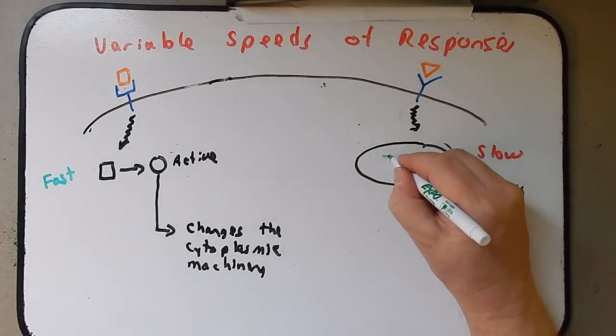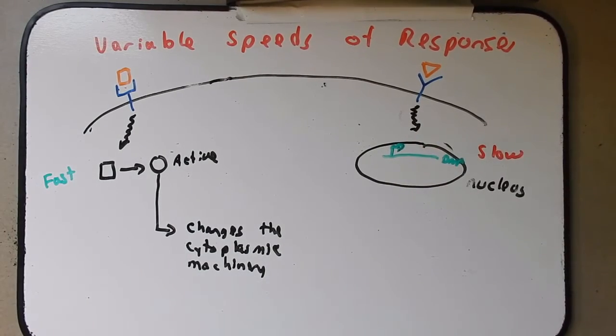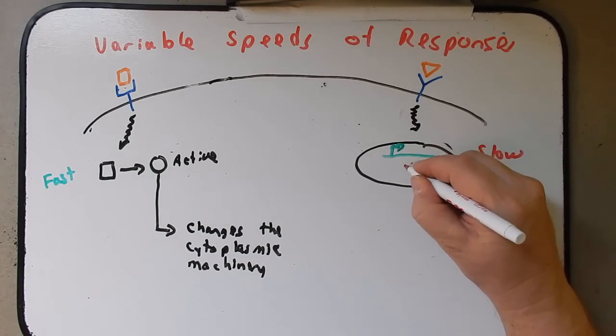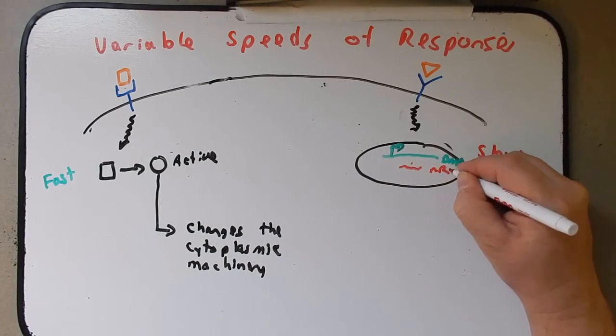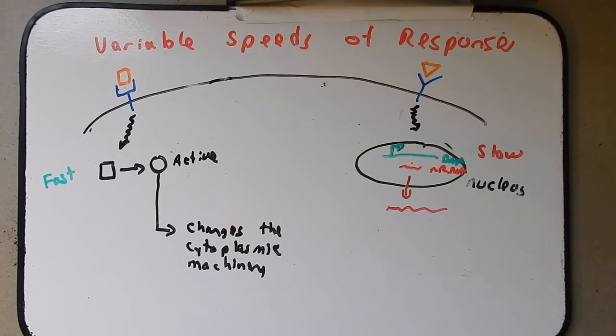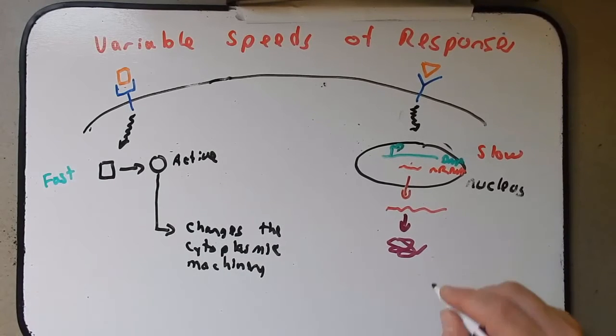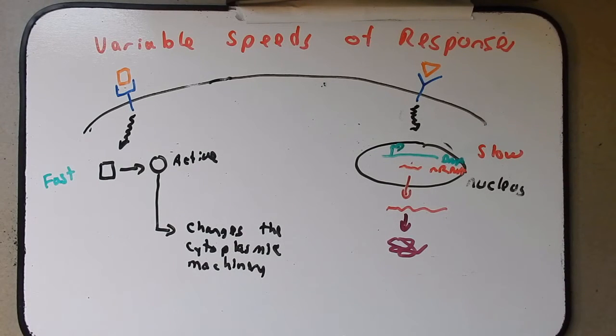Maybe this signal targets the nucleus. Maybe the DNA in here is triggered to make a messenger RNA. So now we have a messenger RNA. This messenger RNA is taken out of the cell, and once in the cytoplasm, it is translated into a protein. This also, just like the fast response, leads to a change in the cytoplasmic machinery.